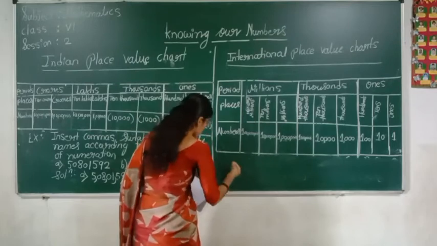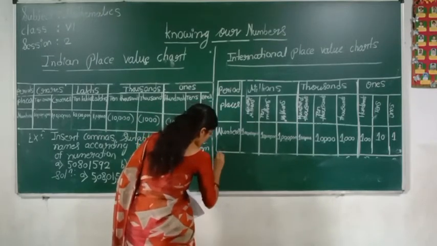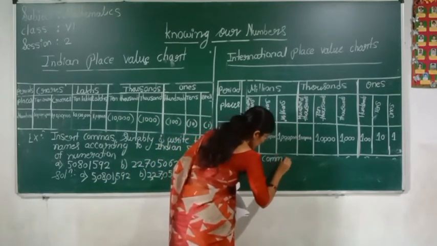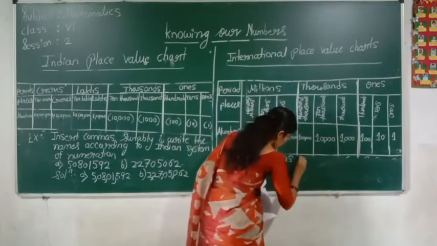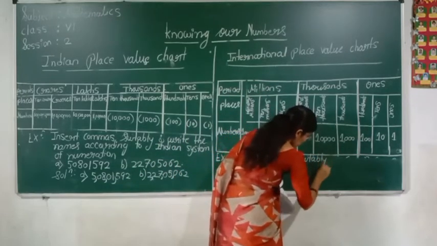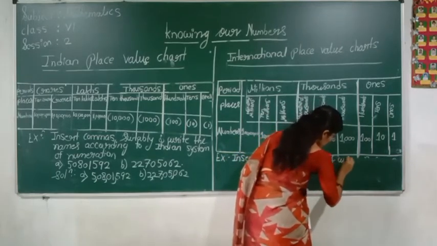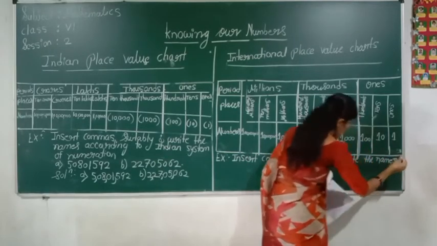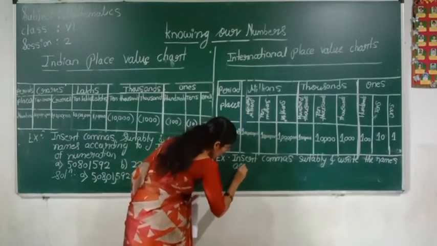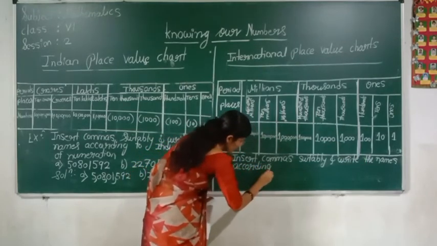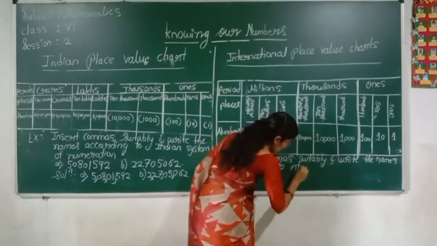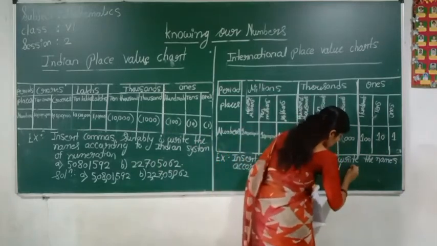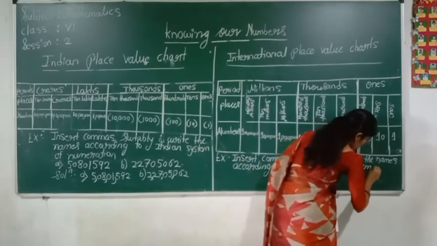Now see here, also insert commas. Example: insert commas suitably and write the names according to the international system of numeration.